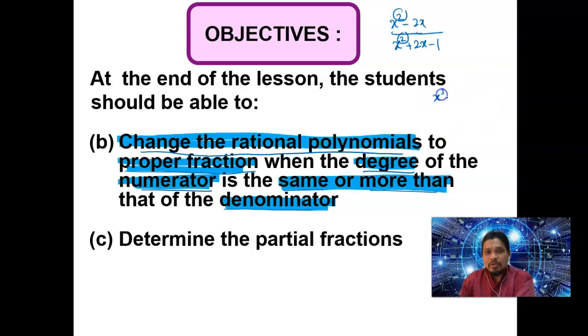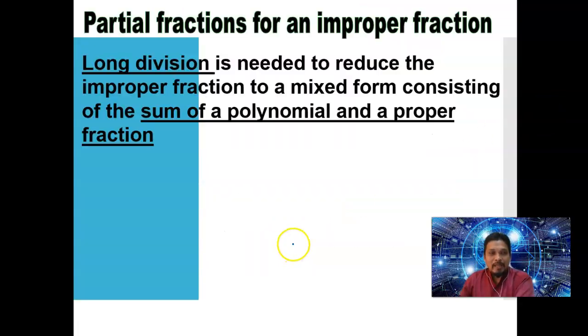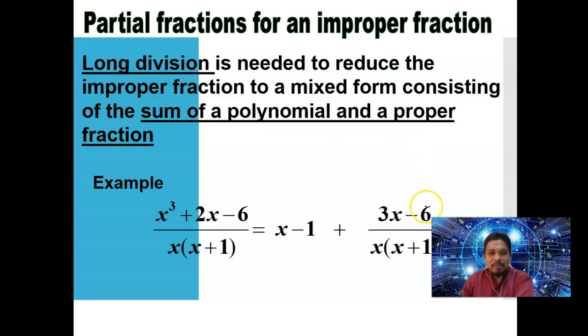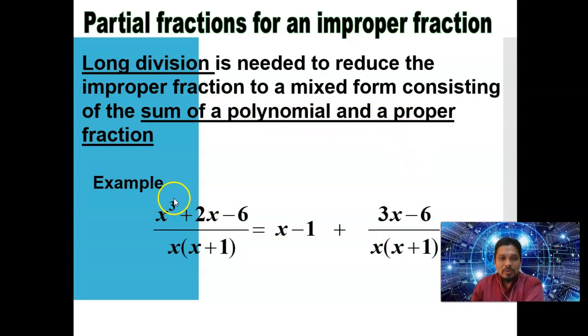Or x cubed minus 1 divided by x squared minus 5x plus 1, where the degree of x from the numerator is greater than that of the denominator. Then we determine the partial fraction. So long division is needed to reduce the improper fraction to a mixed form consisting of the sum of a polynomial and a proper fraction.